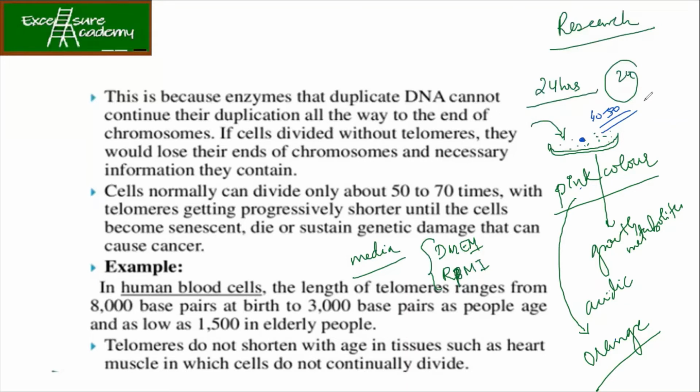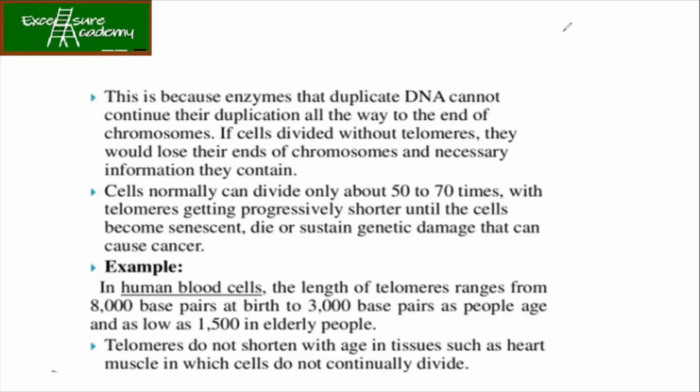So one particular primary cell, please remember. In the case of mammalian cells I'm talking about, so what is a primary cell? What is the primary cell line? Basic. Tanvi, any idea? What is a primary cell line?